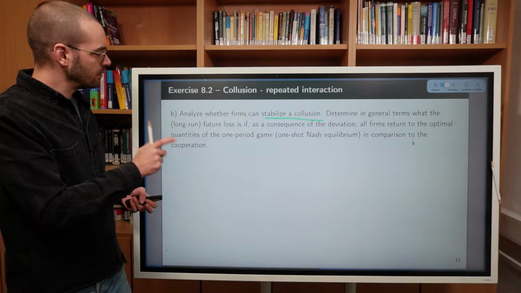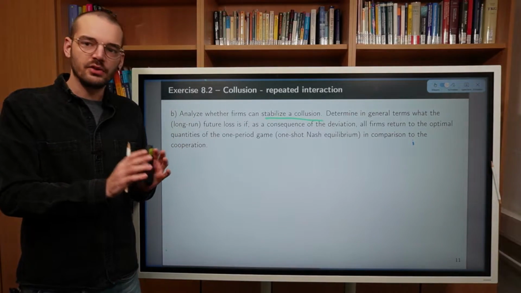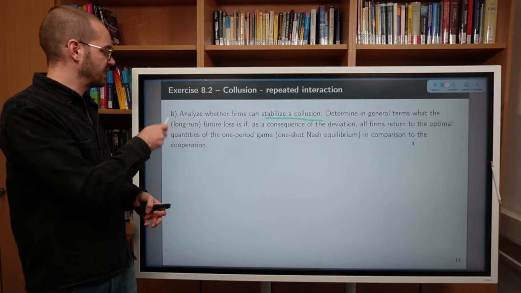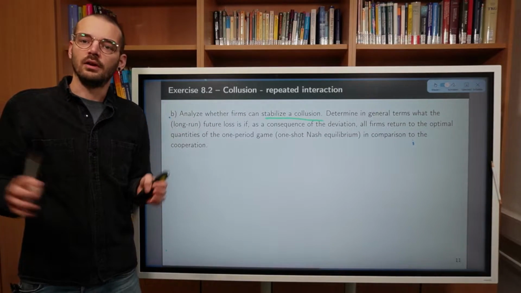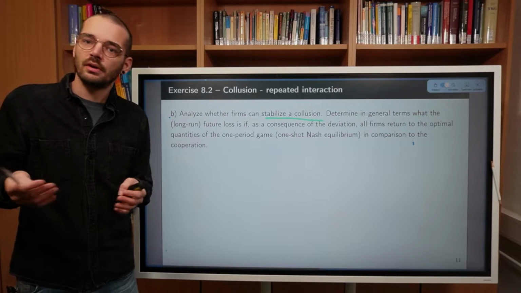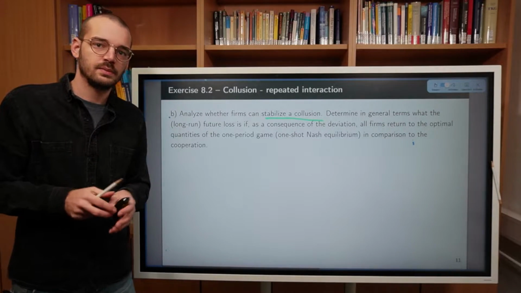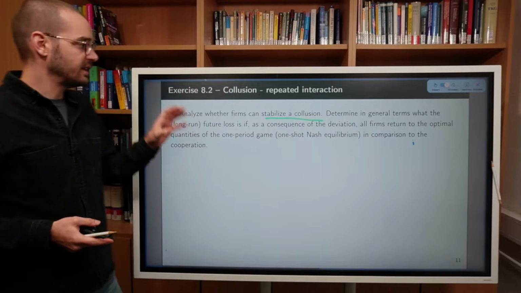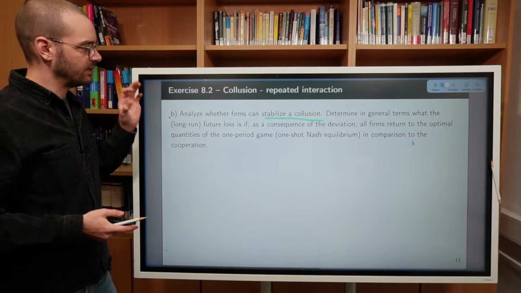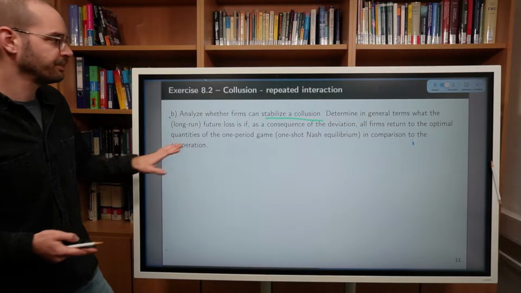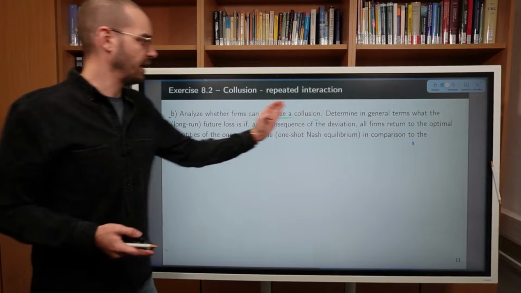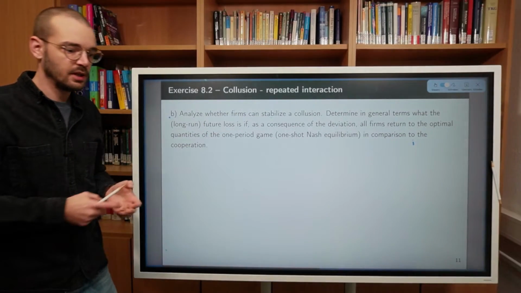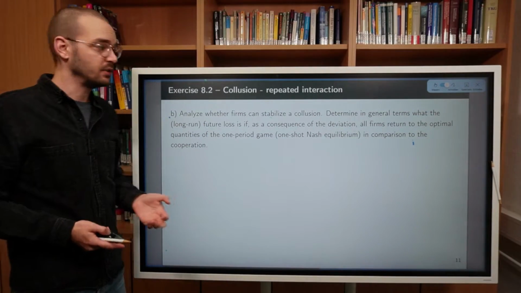So what we are now looking at is a situation where in the short run, deviation is profitable, as we saw in task A. But in the long run, firms are losing out on the collusion profits, right? Because in the long run now they are competing after the deviation. And in the following, we will have a look at this precise trade-off. Okay. And whether and how firms will be able to prevent the deviation using this trade-off.